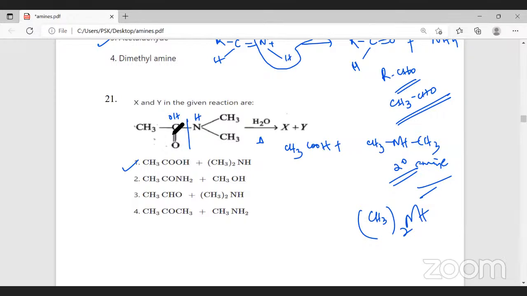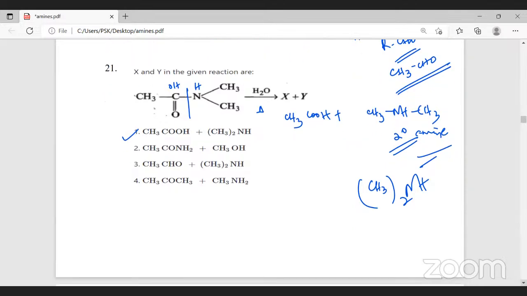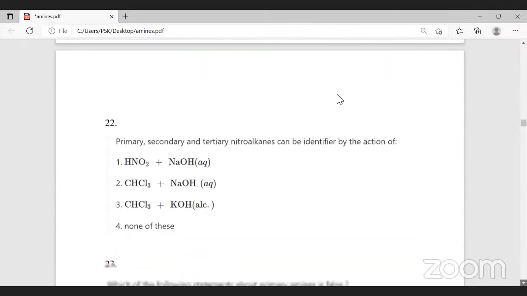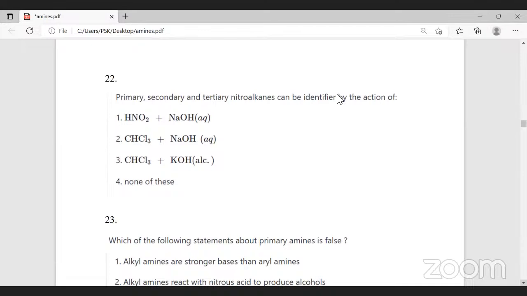So the next question. Primary, secondary, and tertiary nitroalkanes can be identified by the action of nitrous acid.